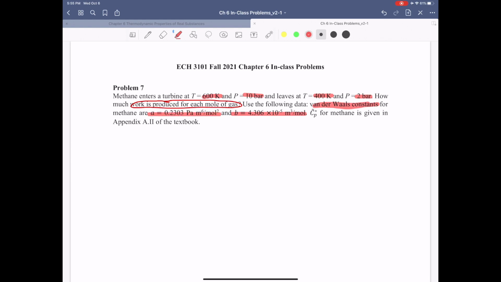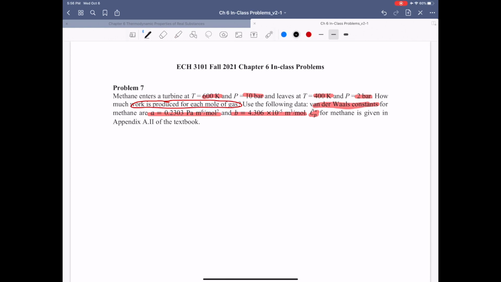So implicitly it's telling us to use the van der Waals gas equation of state. It also tells us that we can just look up the ideal gas heat capacity for methane in the back of the textbook as well. Okay? So what I want you to do at this point is, based on this text in the problem statement, sketch out a flow diagram for the system.